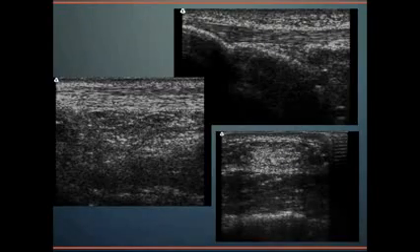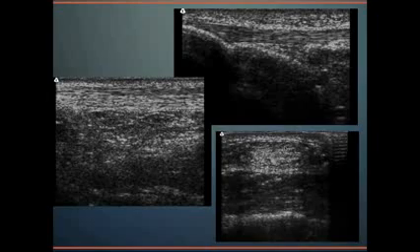This is 3 different regions where we see some tendons. Here's a tendon along here, exudes that anisotropy or this false hypoechoic area here, and it's very hyperechoic along here. Note the striations.